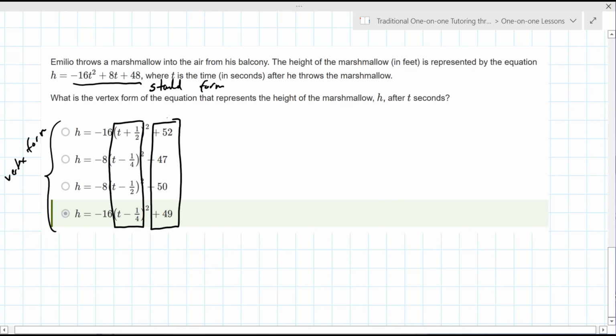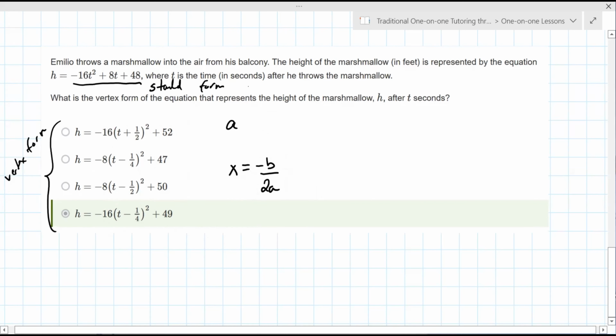Yes. You could compute the vertex from the standard form. You could use that formula again, minus b over 2a. And that's what we'll do to determine the vertex for this problem, and then match it up with one of these answers over here.